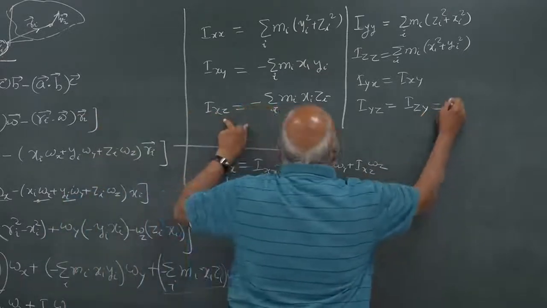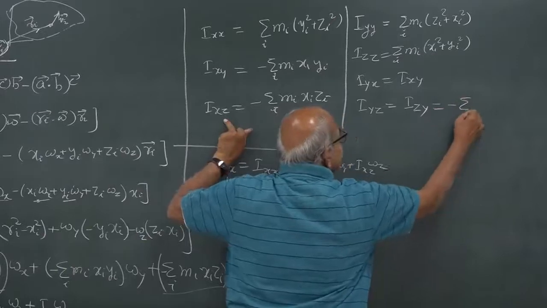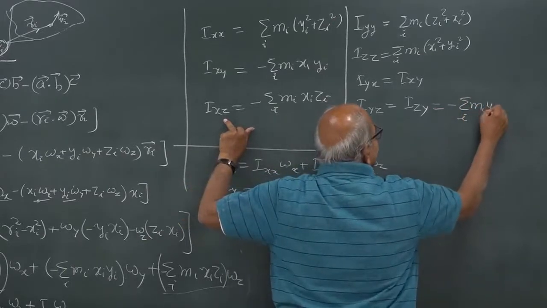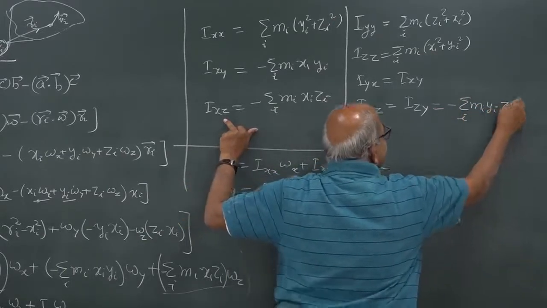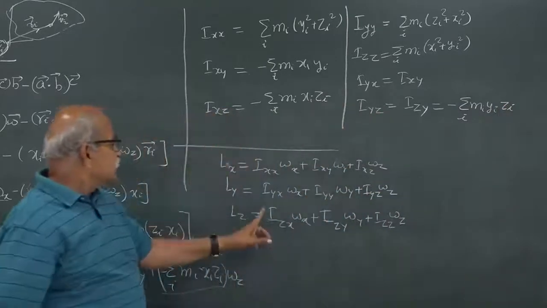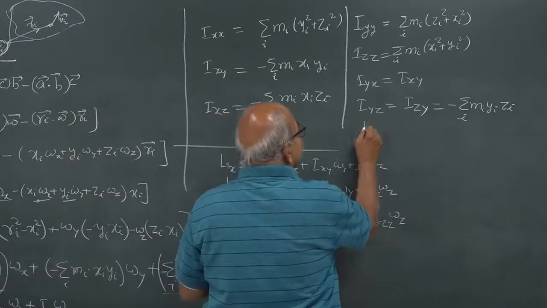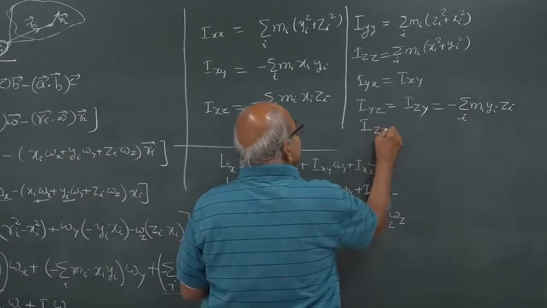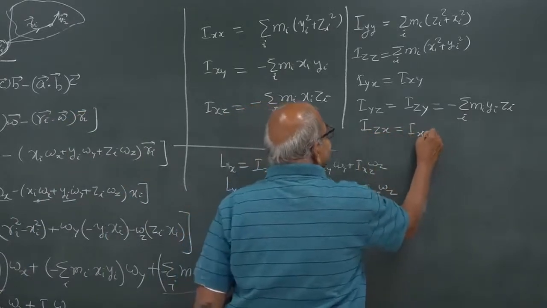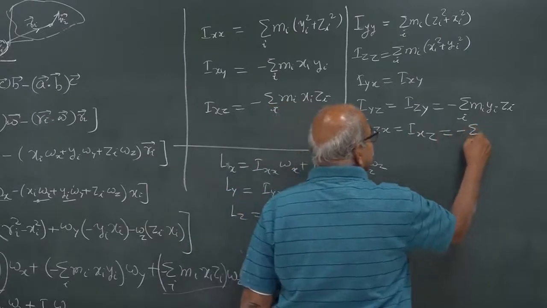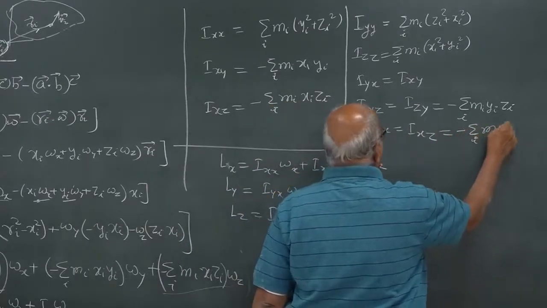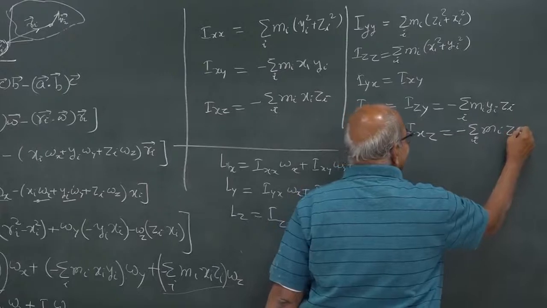So, this is equal to minus summation over i of mi yi zi. So, Izx is equal to Ixz, and that will be minus summation over i of mi zi xi.